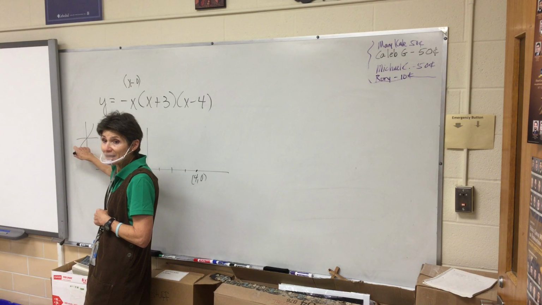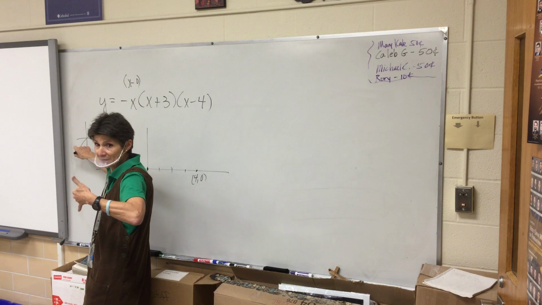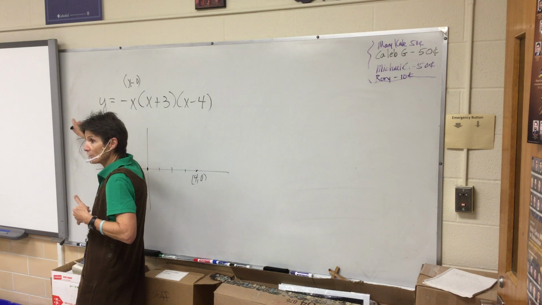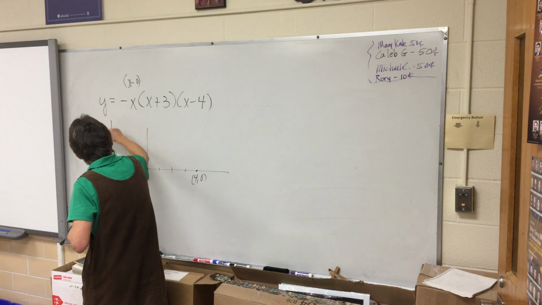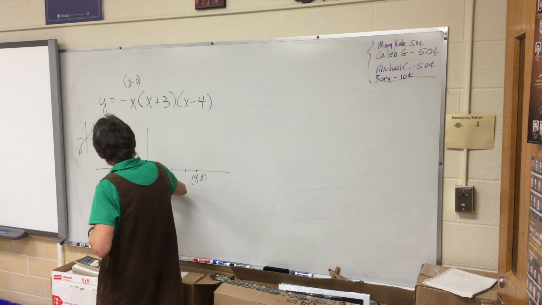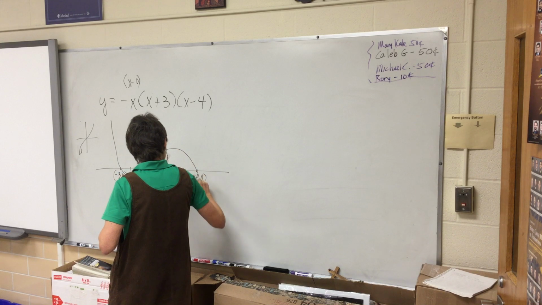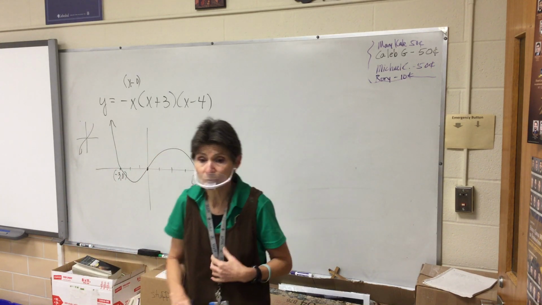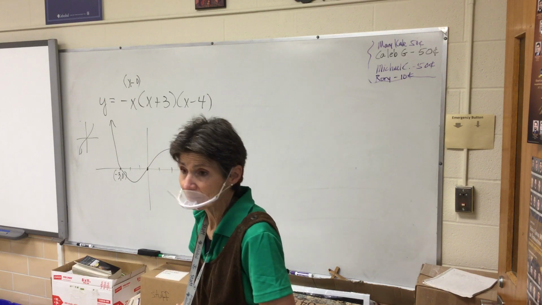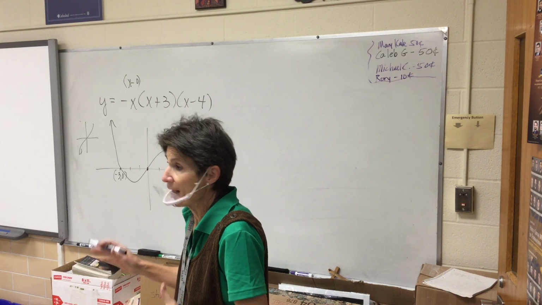But because of the negative, everything's upside down, so it's going to start up here. So we're going to start up here, pass through, pass through, pass through. Connect your dots, passing through all of them, and that's that.